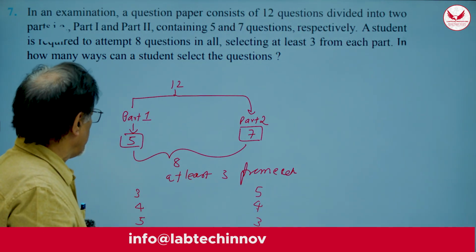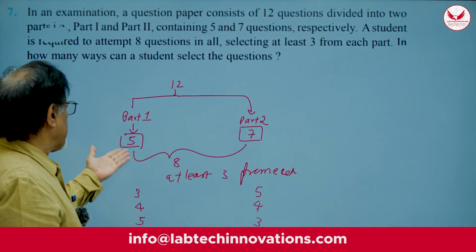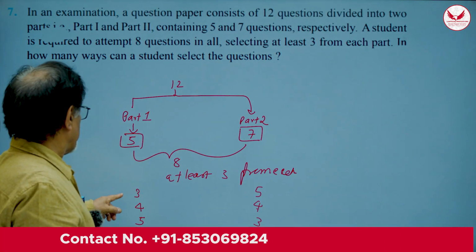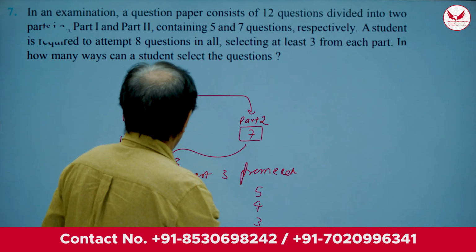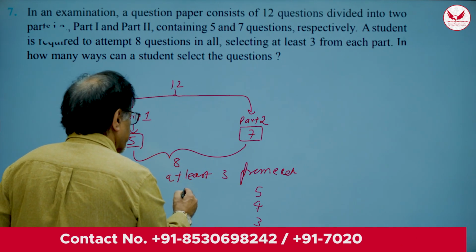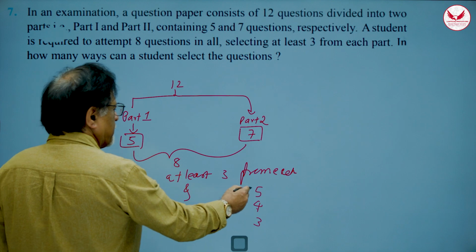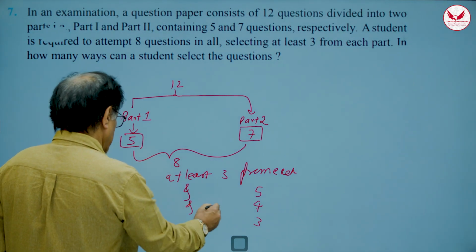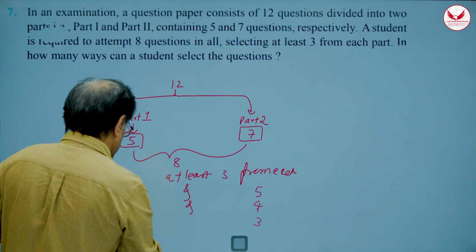Beyond that we are not going to go because more than 5 questions cannot be selected, because there are only 5 questions in part 1. So therefore 3, 4, 5 and this. So the job can be done either in this way, 3 from part 1 and 5 from part 2, or it can be done in this way, or it can be done in this way, right?